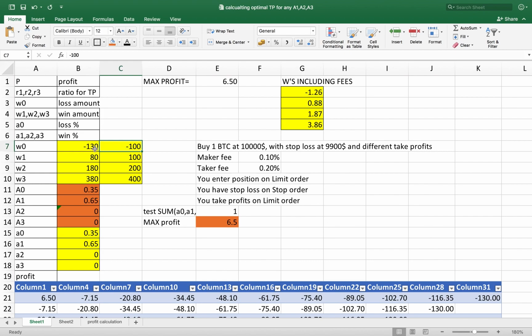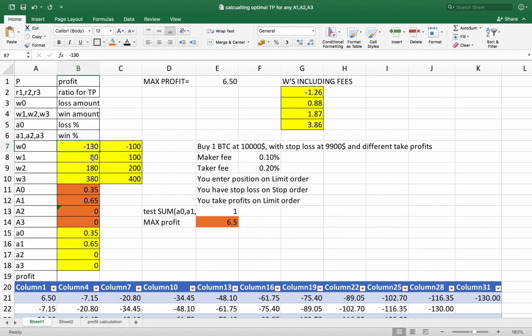And if we got stopped out, we had to pay another 0.2% at 9,900, but let's just assume that's $20. It's really, really close to that. So if you lose this trade, you actually lose $130, not just $100, including fees, right?